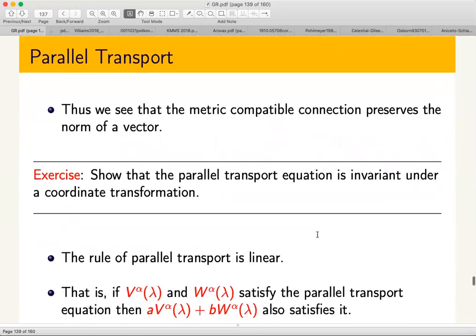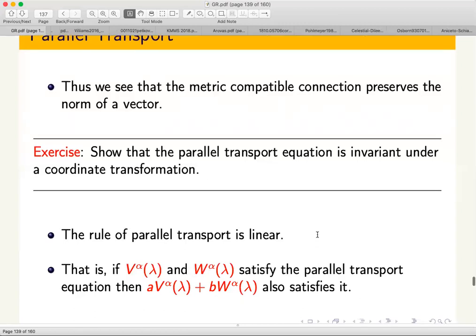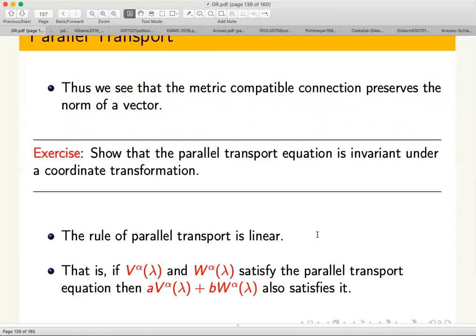Now, first thing is that the rule of parallel transport is linear. Given a vector, the parallel transport equation is linear in the vector. It is not any higher order, and it doesn't contain fractional power.